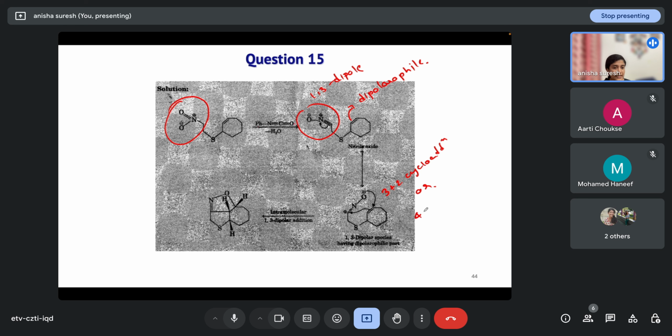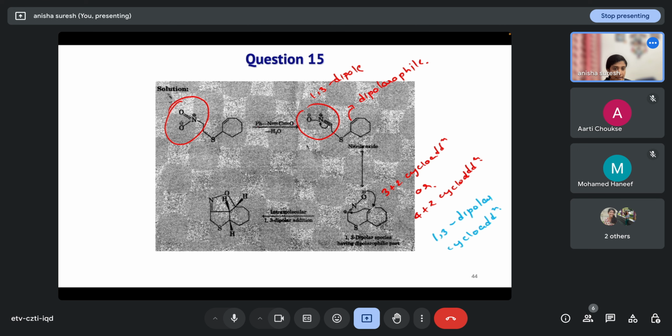Otherwise, it can be called a 4 plus 2 cycloaddition with respect to electrons that are involved. It's better to say 1,3 dipolar cycloaddition reaction will be taking place in this fashion.